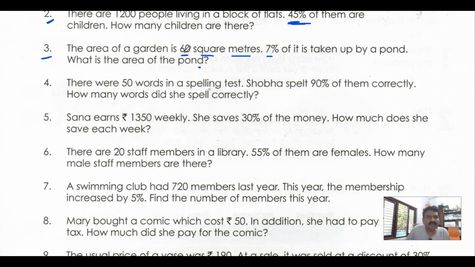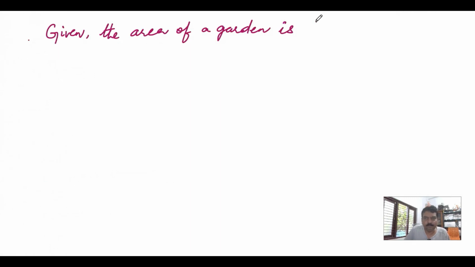Given the area of a garden is how much given there? 60 square meters, right? 60 square meters.